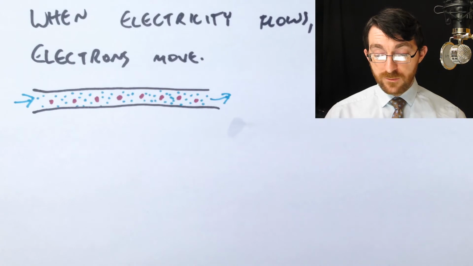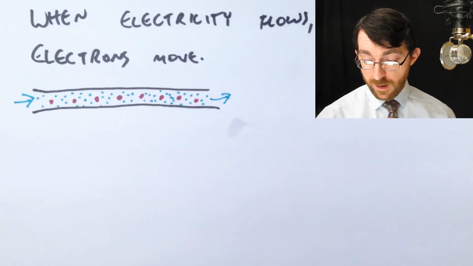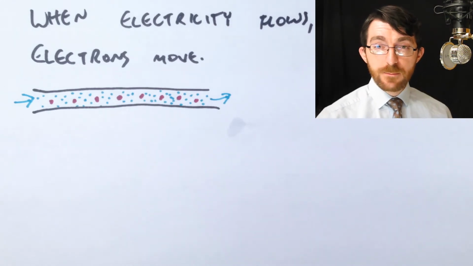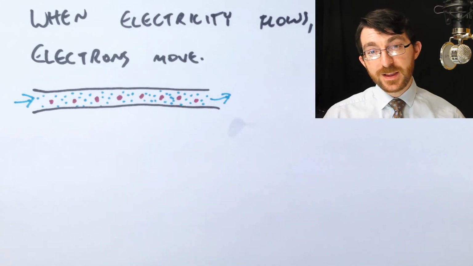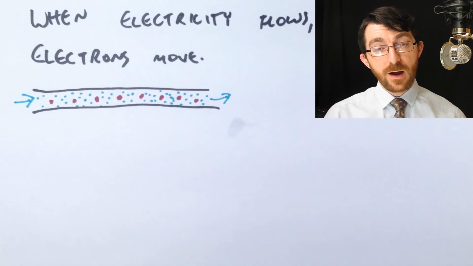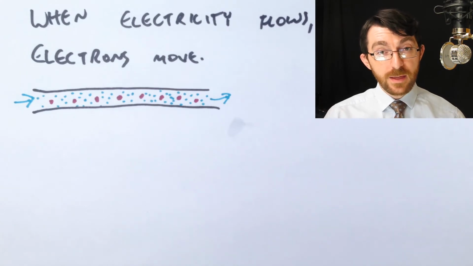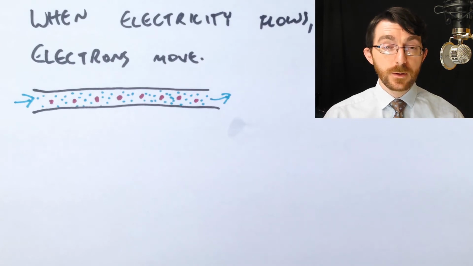Okay, so we've got the electrons moving in the circuit. Now here's where we really have to be a little upset with Benjamin Franklin. When Benjamin Franklin was doing his early advances in electricity, he determined that you could have a positive and negative to make the math work out, and he ended up assigning negative to the electrons.